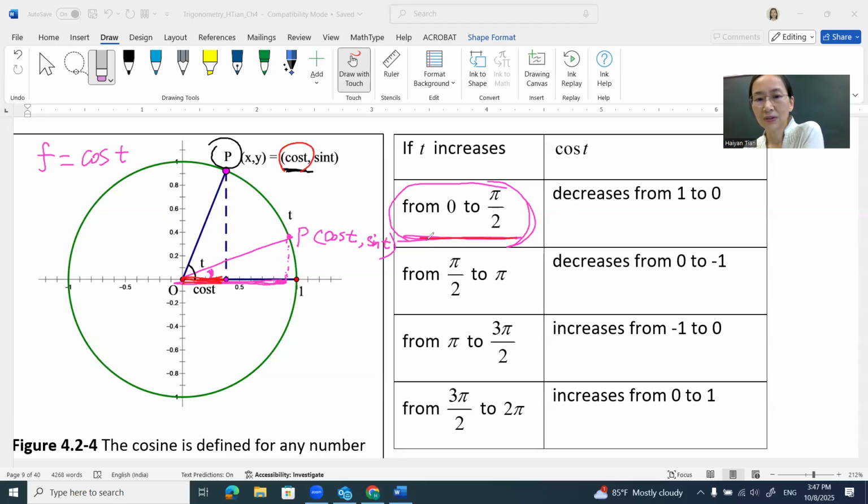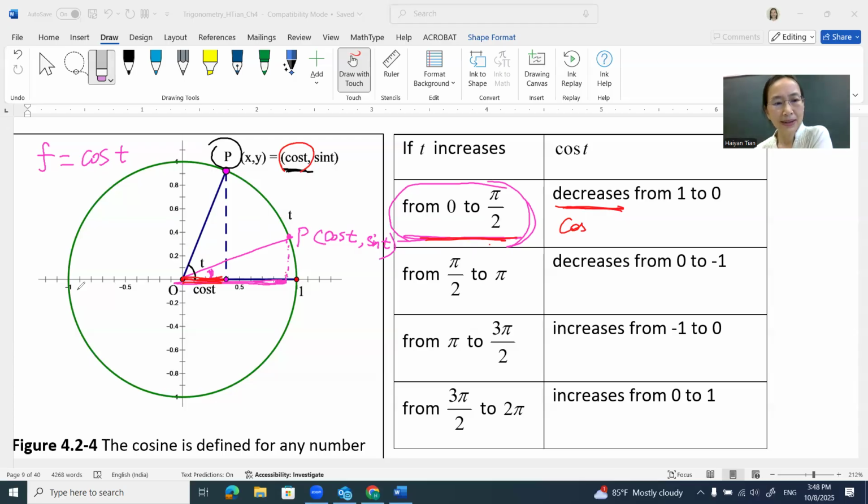So when t increases, the larger the t, the smaller the cosine t. So that's why we have a decreasing value in the cosine t.